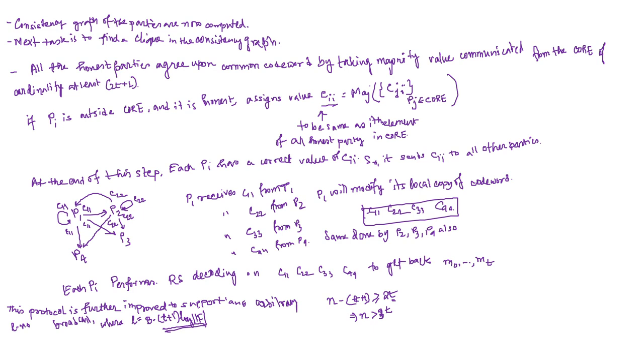However, we have seen further optimization in an intermediate round so that it keeps the bit complexity at order of n square log f plus this many bits complexity will be required.